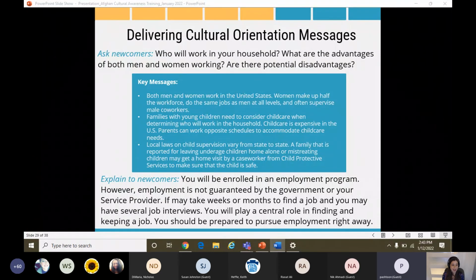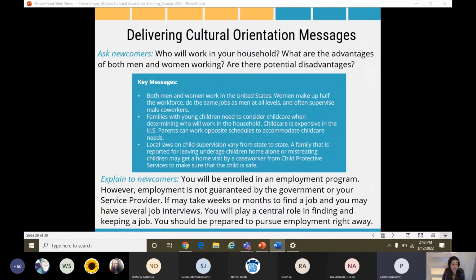And finally, after the initial conversation, you can provide more details about the employment program or the job readiness training that is required for newcomers to attend for them to receive public assistance. So explain, you will be enrolled in blank employment program if that's part of your intake interview.